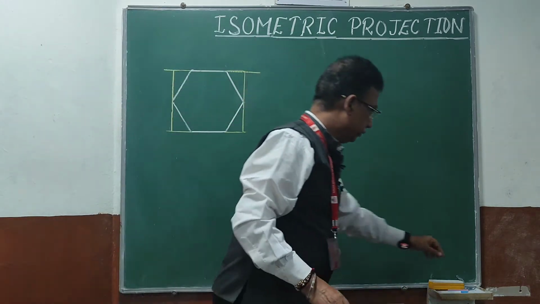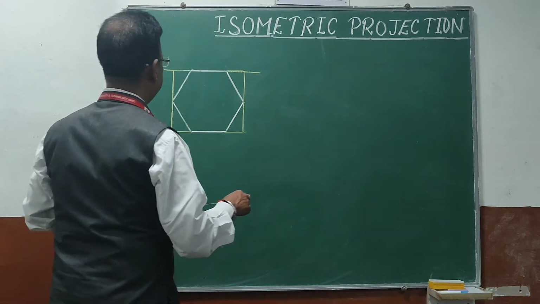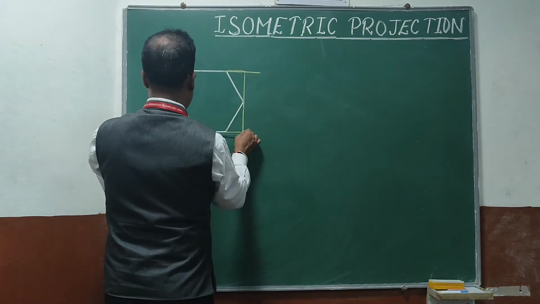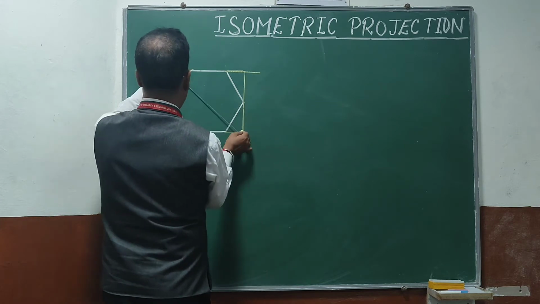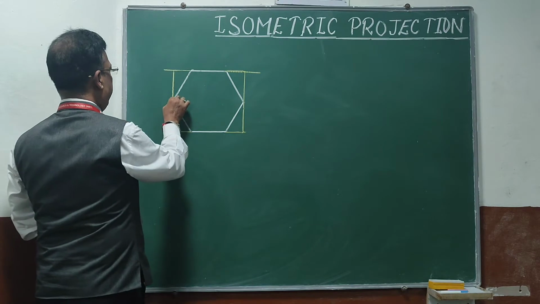Now this hexagon is bounded inside a rectangle, and if I measure the lengths, I can cross-check that they are the same. So this is okay.